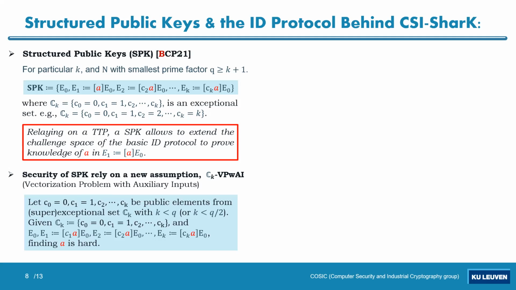And what's the condition on the c_i? They are from an exceptional set. In the standard case, we need k to be smaller than the minimum prime factor of this n that we define for Z_n.